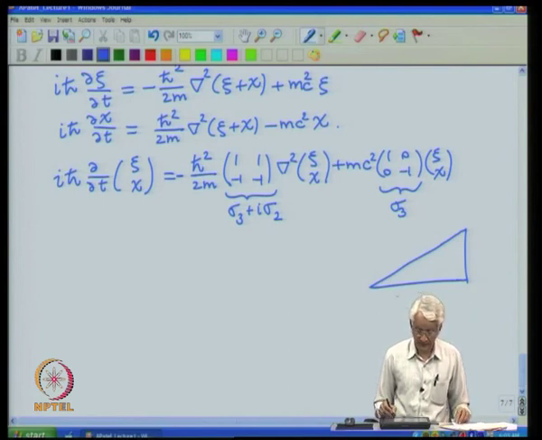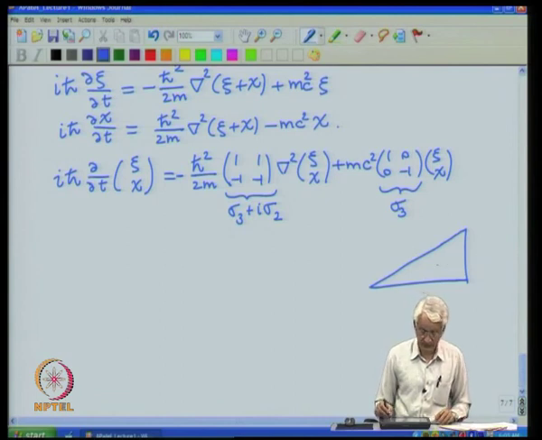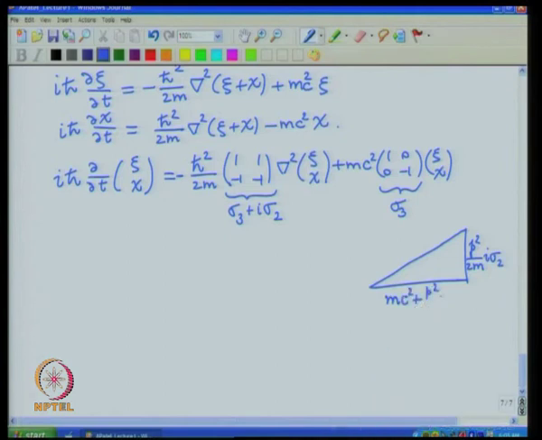right angle triangle. One side is the coefficient coming from here, which in terms of various quantities involves the coefficient of sigma 2. The other side is the coefficient of sigma 3, and we want to go to a frame where these two objects are combined into a single diagonal matrix.